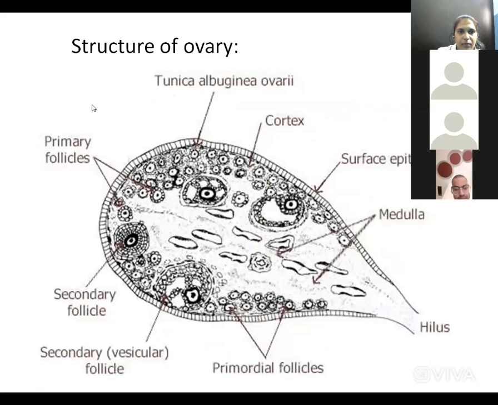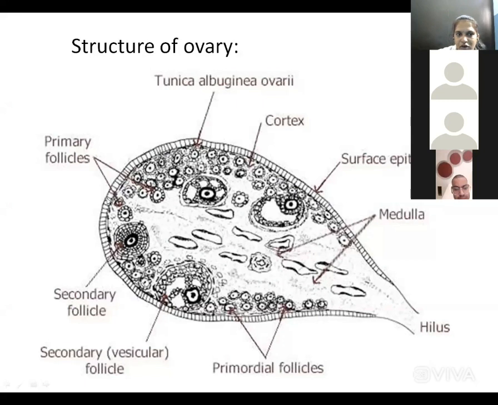Structure of the ovary. You know the histological structure of the ovary. From outside inward, it is lined by cuboidal epithelium. What is it called? Do you know?